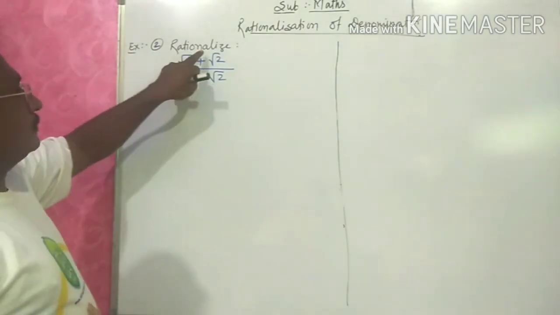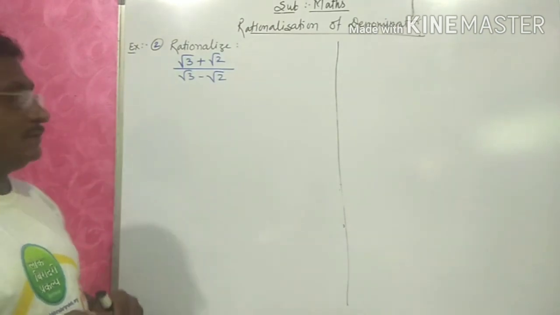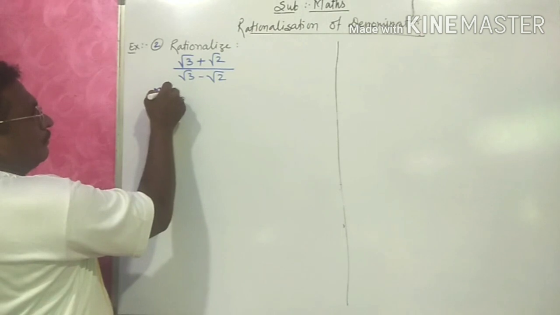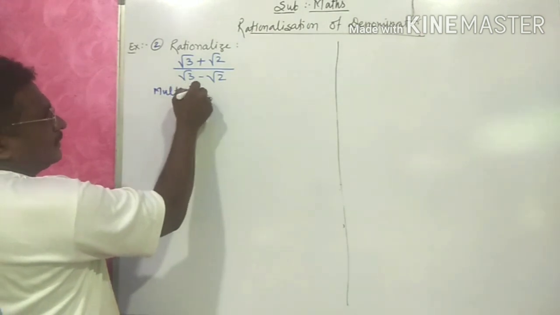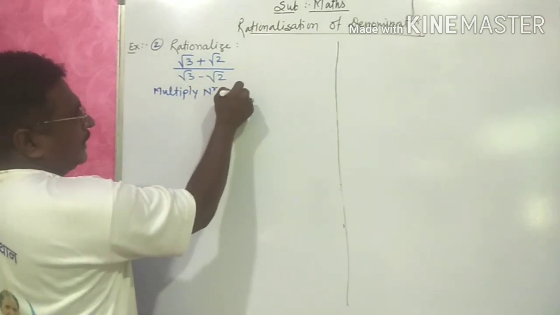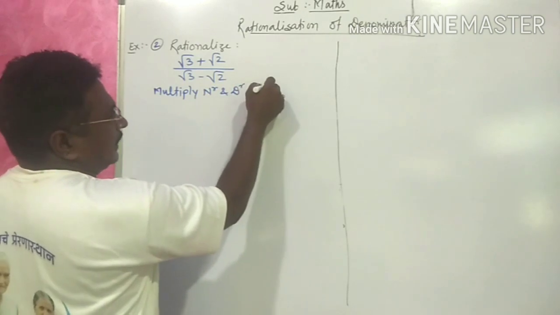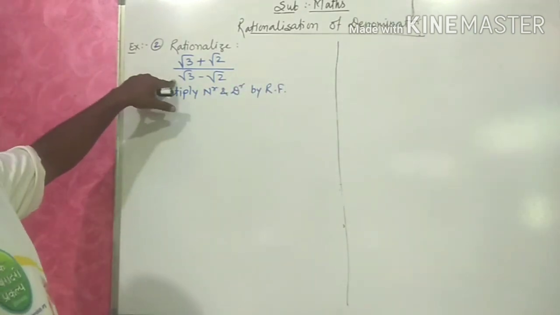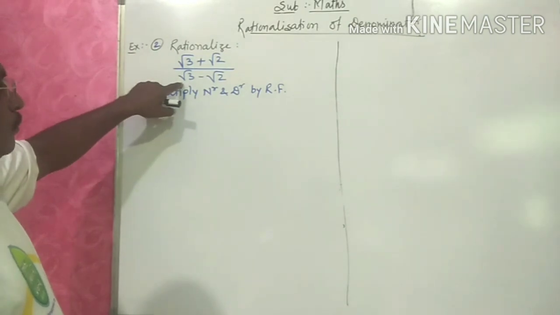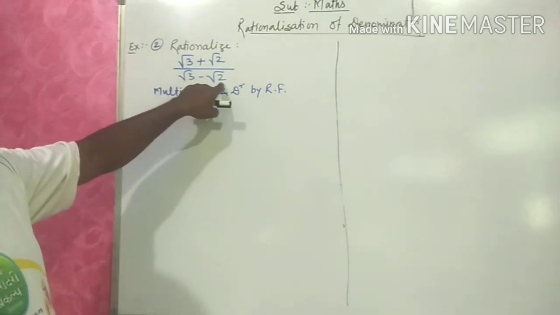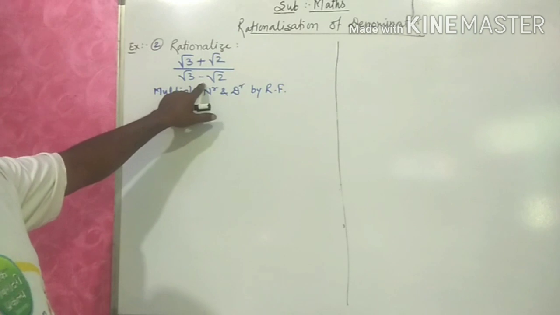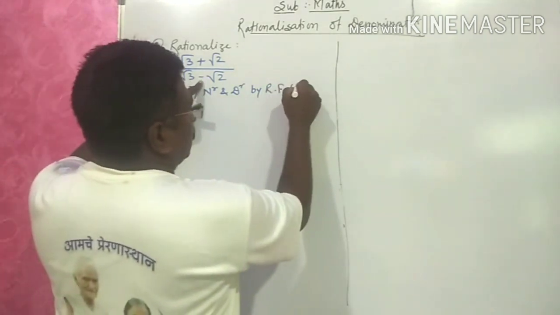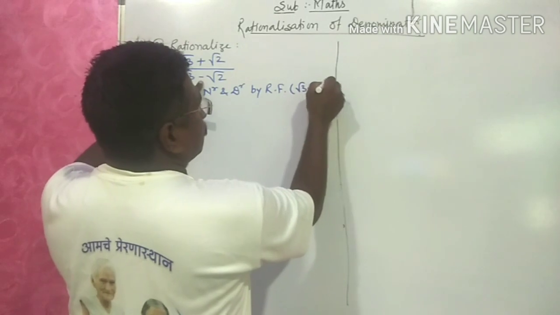Here also, rationalize. The procedure is the same. Multiply numerator and denominator by the rationalizing factor. What is the rationalizing factor of the denominator? What is the denominator? Root 3 minus root 2. So the rationalizing factor is the opposite, means minus sign is there, so it will come plus sign: root 3 plus root 2.